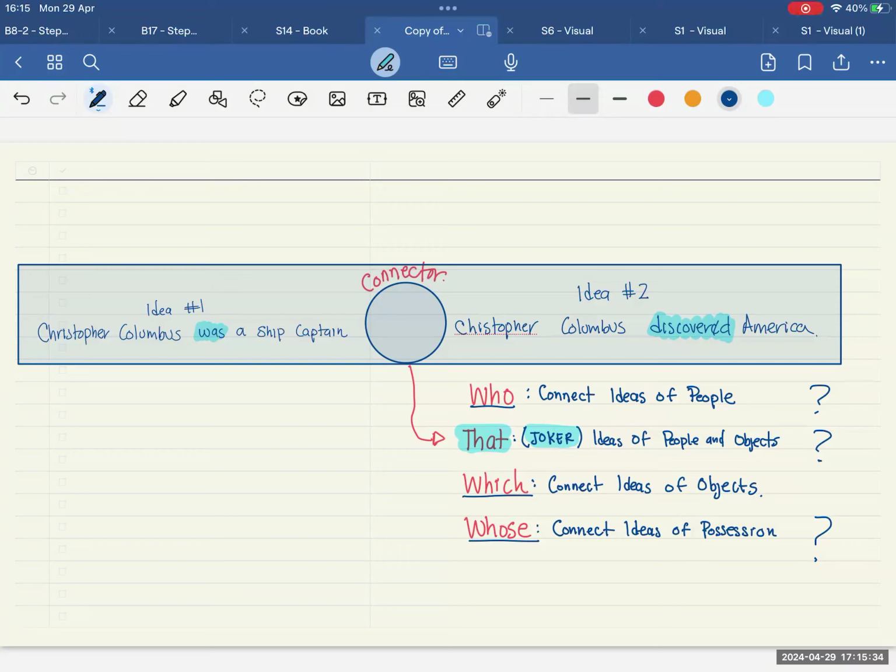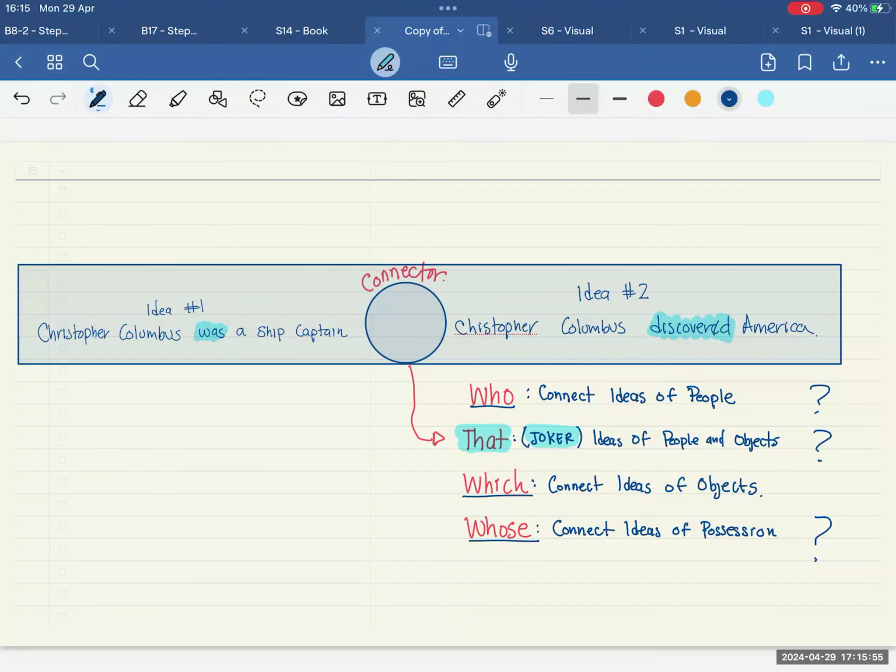Christopher Columbus. People. People, right, Regina? People. Okay. What connector do I need to connect two people ideas?